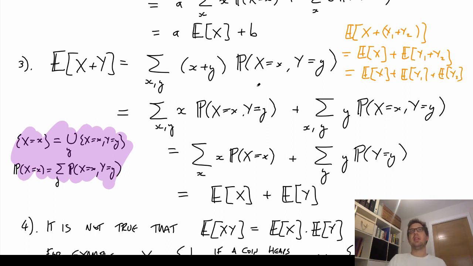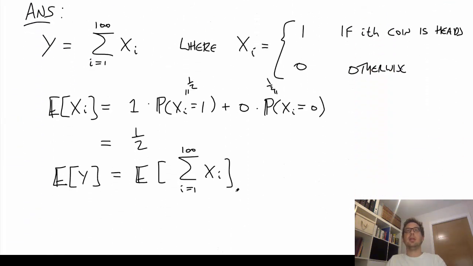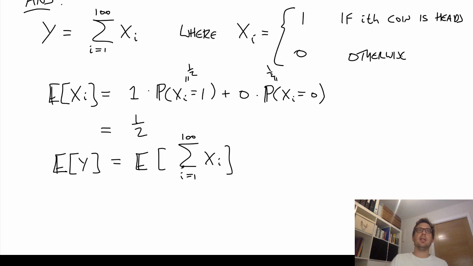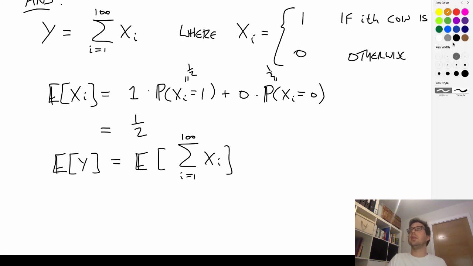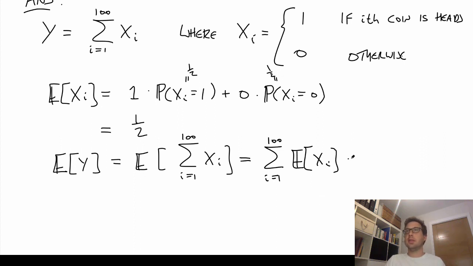Okay, so I can split this up as many times as I like, basically. In other words, instead of taking the expectation of the sum of 100 items, I could sum the expectation of 100 items. So really this is the same thing as summing 100 expectations, and each of these we know is equal to a half. Okay, so it's going to be 100 times a half, which is equal to 50.